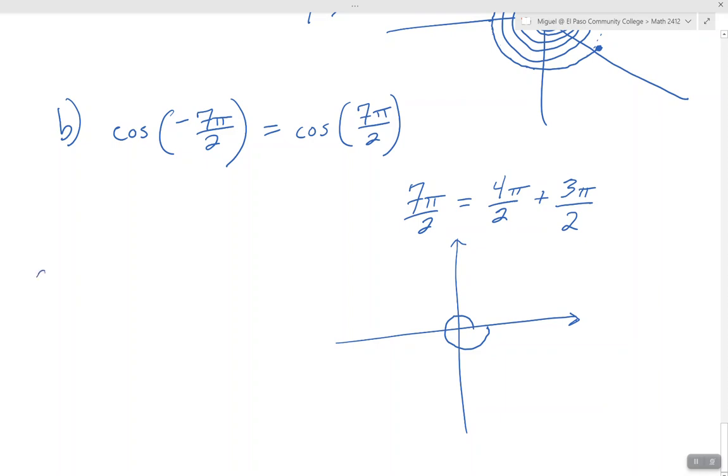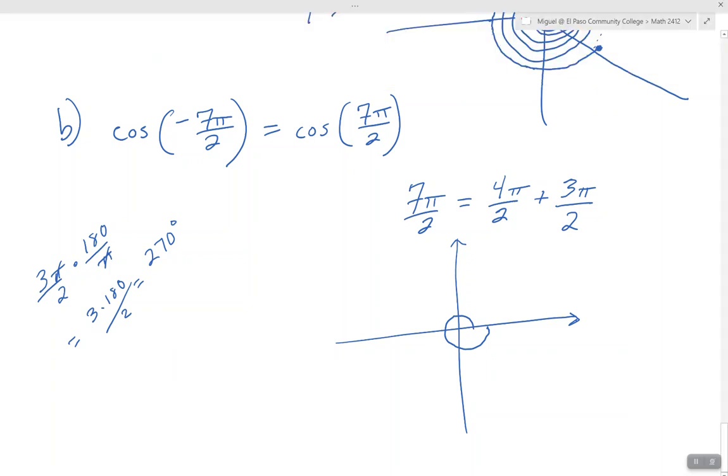Oh, and for those of you that don't quite see it, remember that you can also change these to degrees if you want at any point. So notice this would be which is what, 3 times 90? 270.